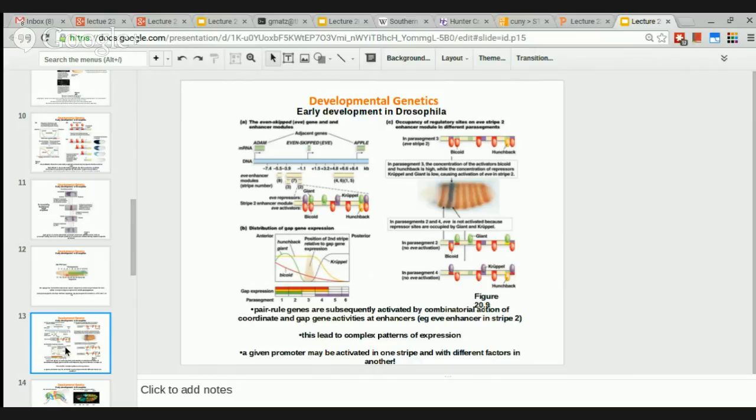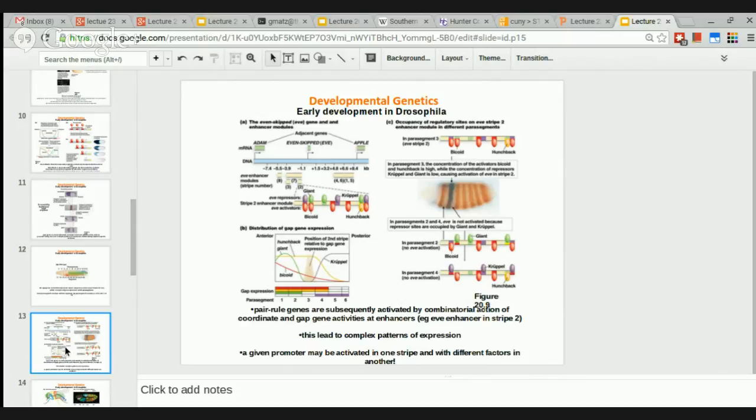The gene is under the control of a number of different sets of regulatory regions, which are very complex combinations of enhancers and silencers. And the fascinating thing is that in each stripe, the expression is controlled by different regulatory regions. And that has to do with chromatin modifications.